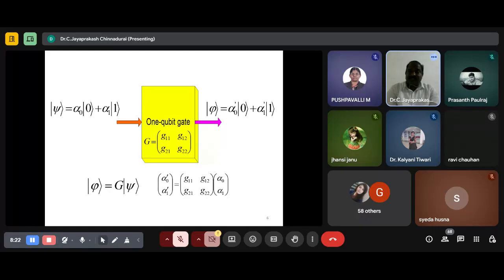The same thing we can represent in this form: alpha 0 dash and alpha 1 dash equal to [G11, G12; G21, G22] into [alpha 0, alpha 1]. So this is the output we can get from that one qubit gate.